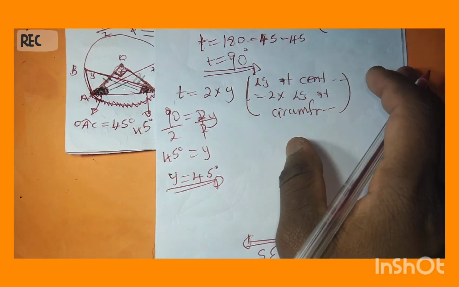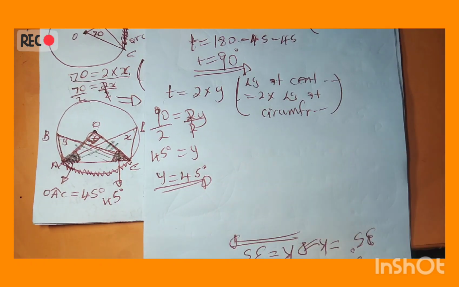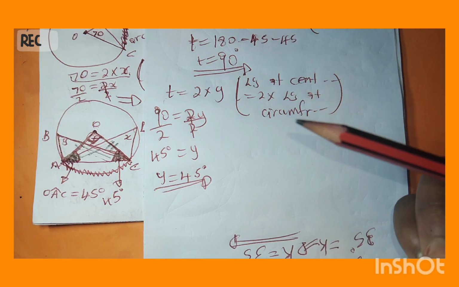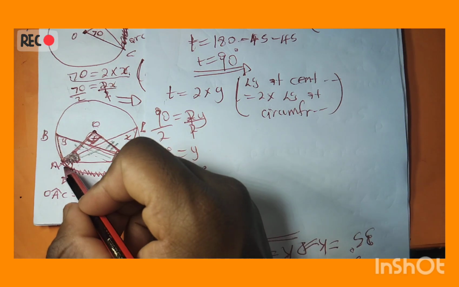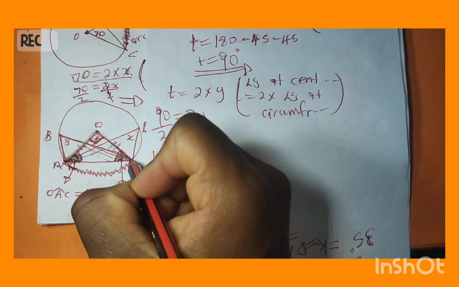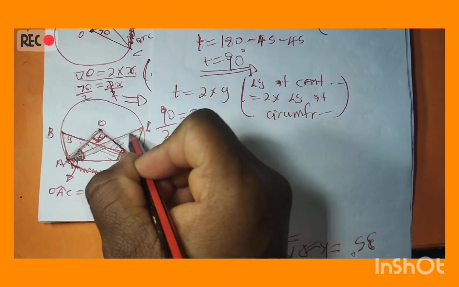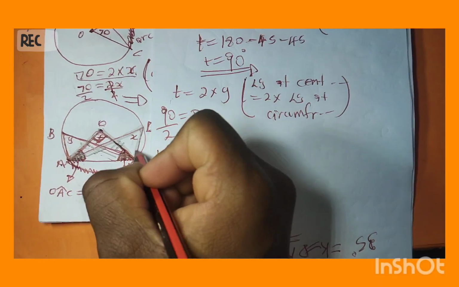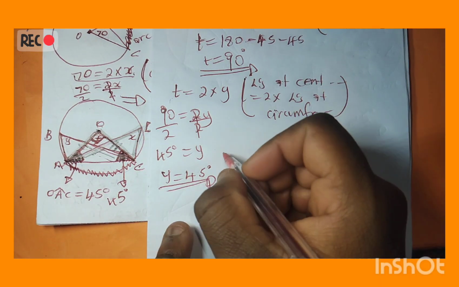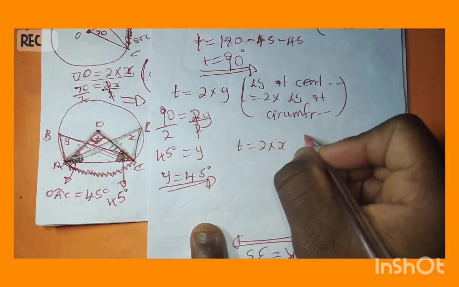Solving, guys, for the x value, we've got many approaches to solve for x. What I can do for x is apply the same reason. Say that this arc forms the angle at the center, which is twice the angle that it formed at the circumference. So here I can say that t is equal to 2 times x.